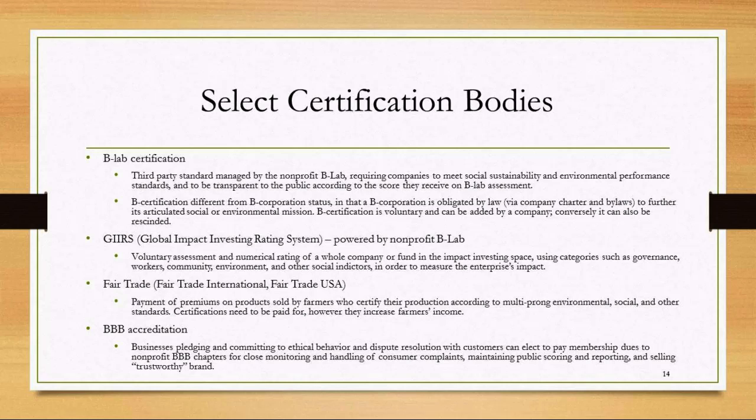Now, a B corporation is different. It's a bit more involved than a B certification. What it means is that you incorporate your business as a B corporation, and you change really the soul and ethos of what your business does. And you do that within your charter and your bylaws, which are really the guiding documents for your business.